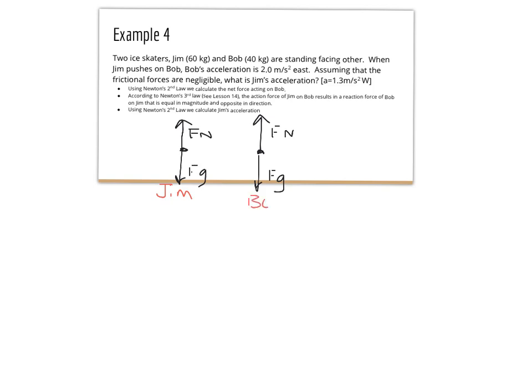And this is Bob, sorry. All right, when they push on one another, they experience an equal and opposite reactionary applied force. I'm going to say that this is FAJ and this is FAB, just to keep them straight because we're going to be using those.